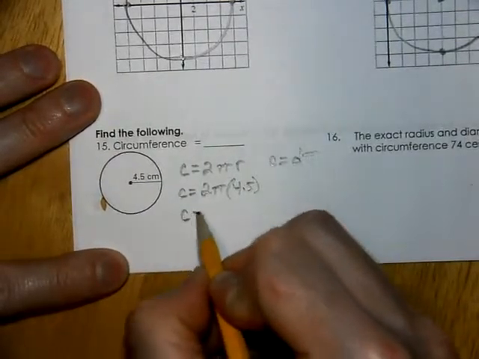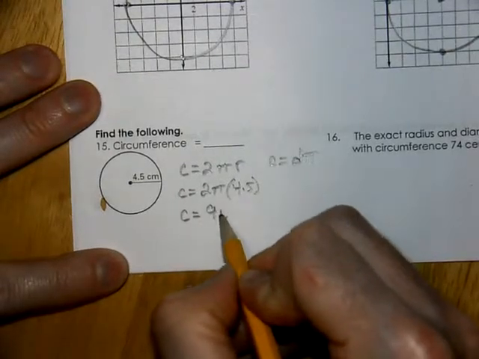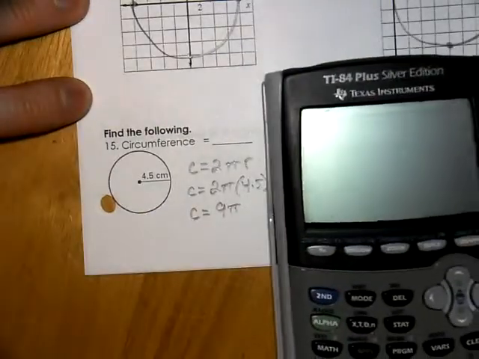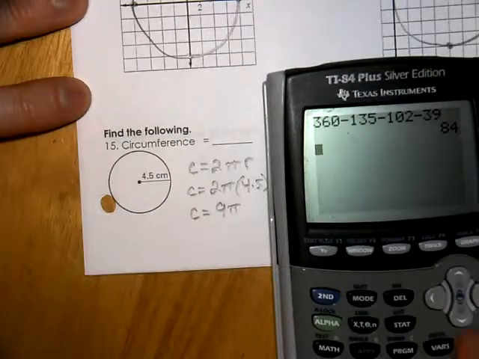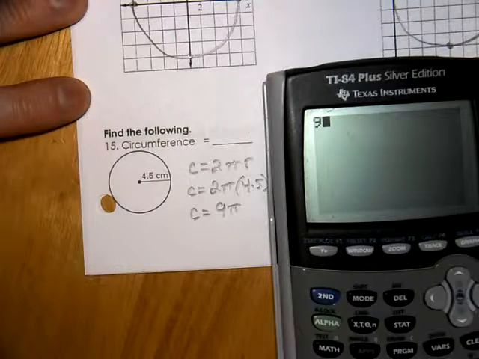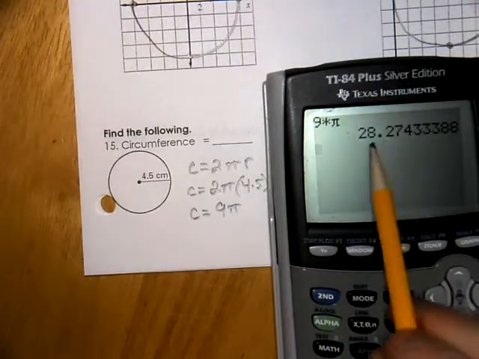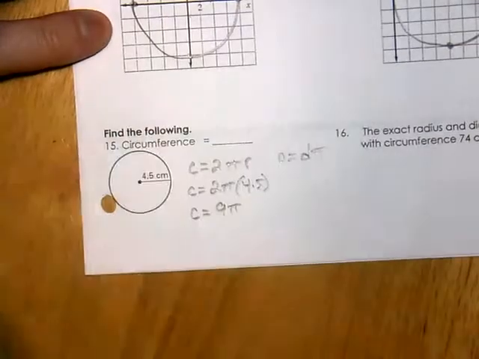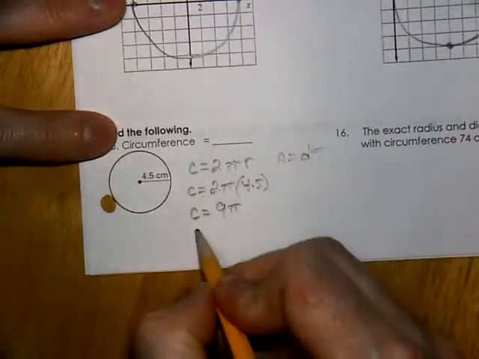So we're going to have 9 pi. That would be called your exact answer, because it's not going to have a rounding decimal. If we want a decimal value, we bring over a calculator and we say 9 times pi, and we're going to get 28.27. We'll drop off the ending, so it's an approximated answer.